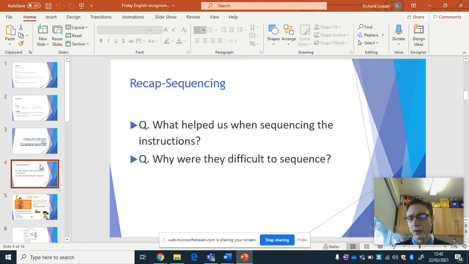But also, if you found words in the instructions that link to the next one. So, for example, it might be first boil the water, then take the boiling water and pour it into a jug. That one would go next because, of course, it's talking about the boiling water. So that links it together.